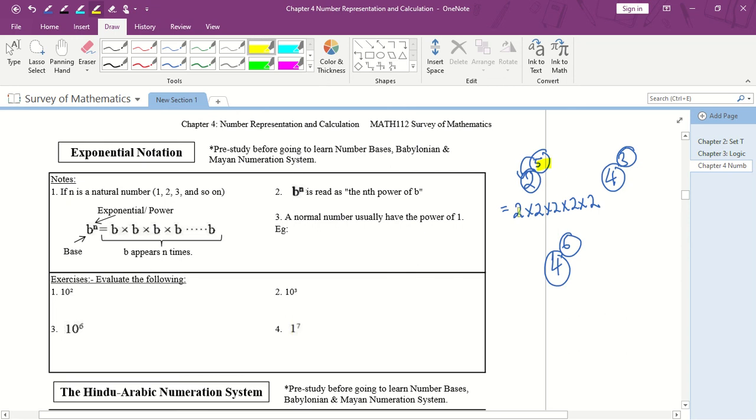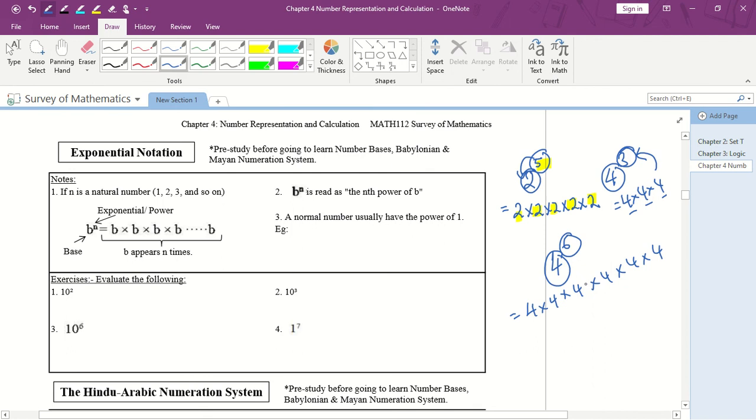And 4 power of 3 will be 4 times 4 times 4, repeating 3 times because it says 3 here. When it is 6, it will be repeating 6 times: 1, 2, 3, 4, 5, and 6.